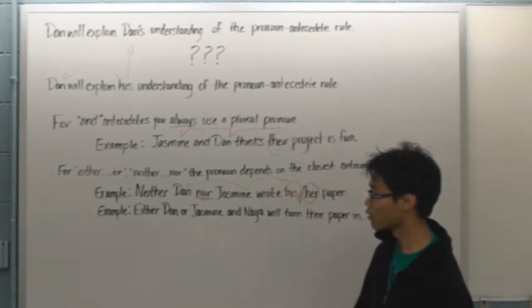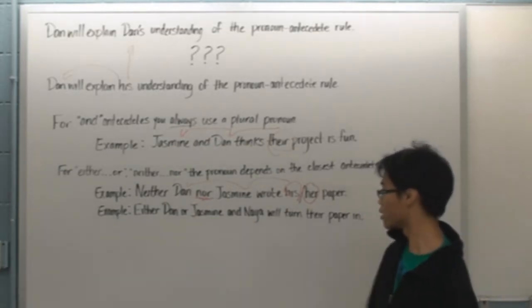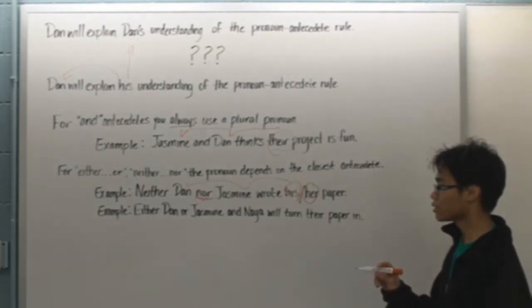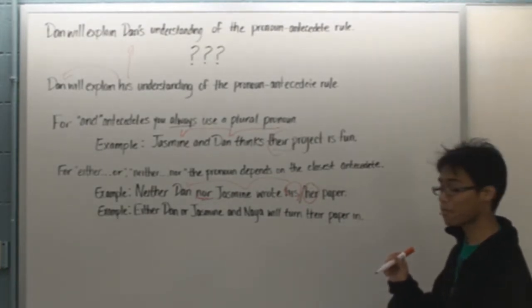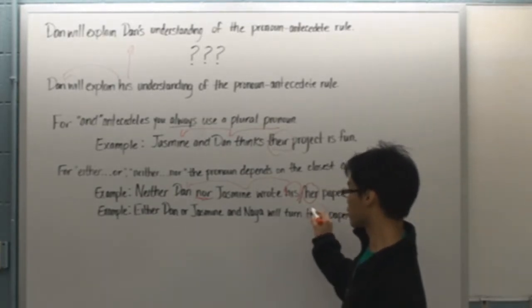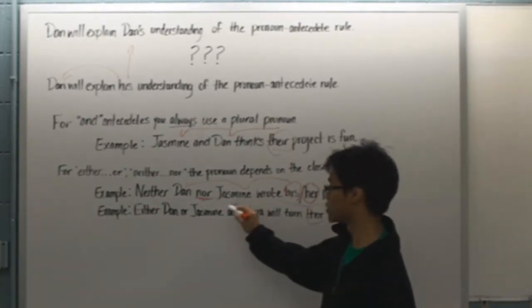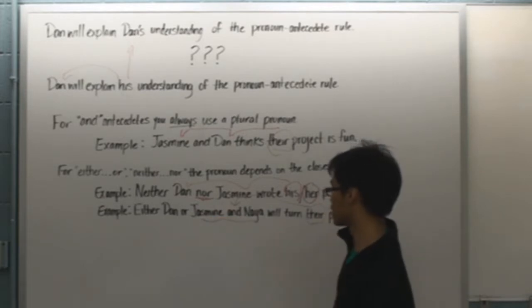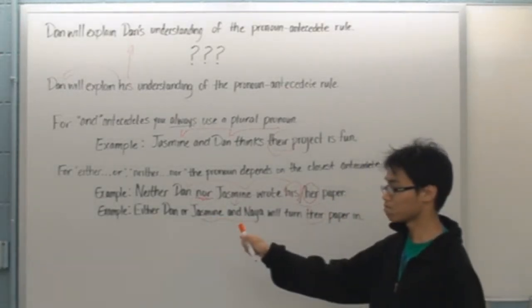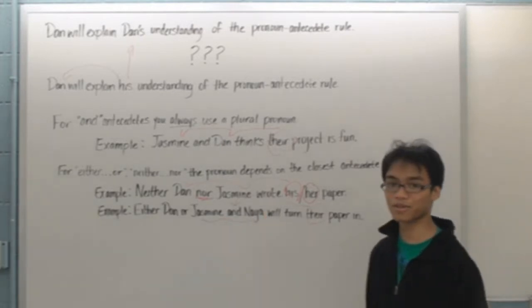Another example for either or. Either Dan or Jasmine and Naya will turn their paper in. So, their refers to Jasmine and Naya. And Dan is just left out in the cold.